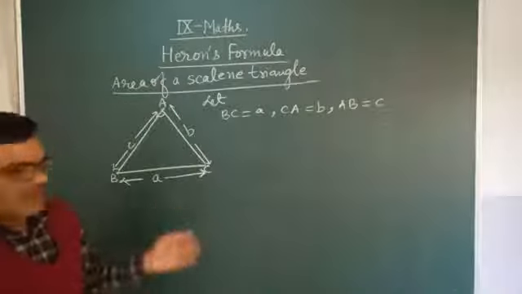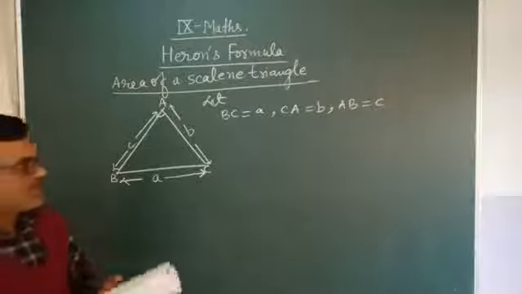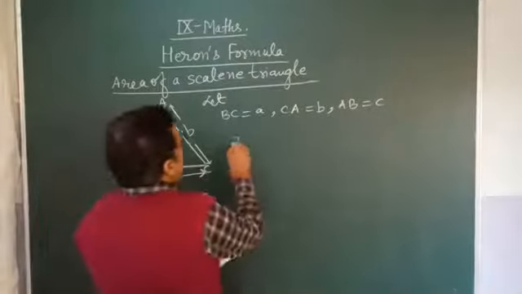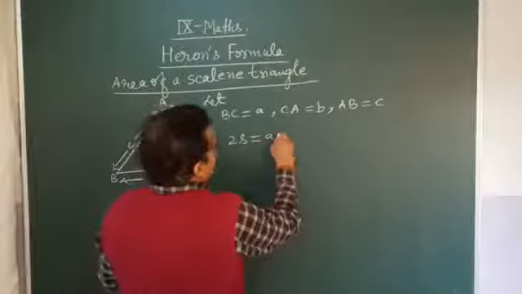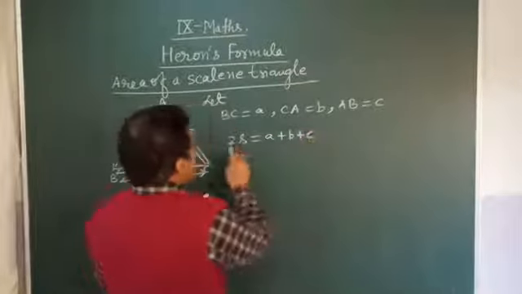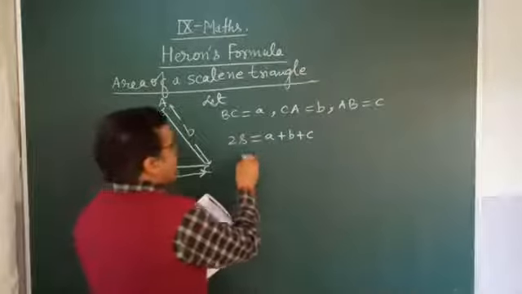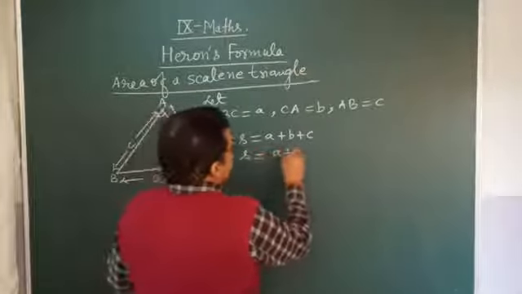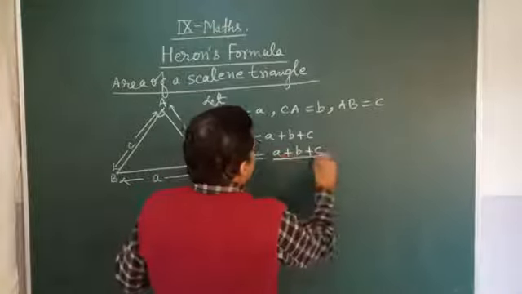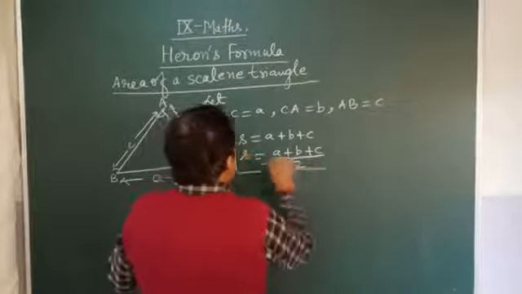Since we know that the perimeter of a triangle is the sum of all sides, 2s is equal to a plus b plus c. This is called the perimeter of the triangle. Here s is the semi-perimeter, that is (a plus b plus c) by 2.